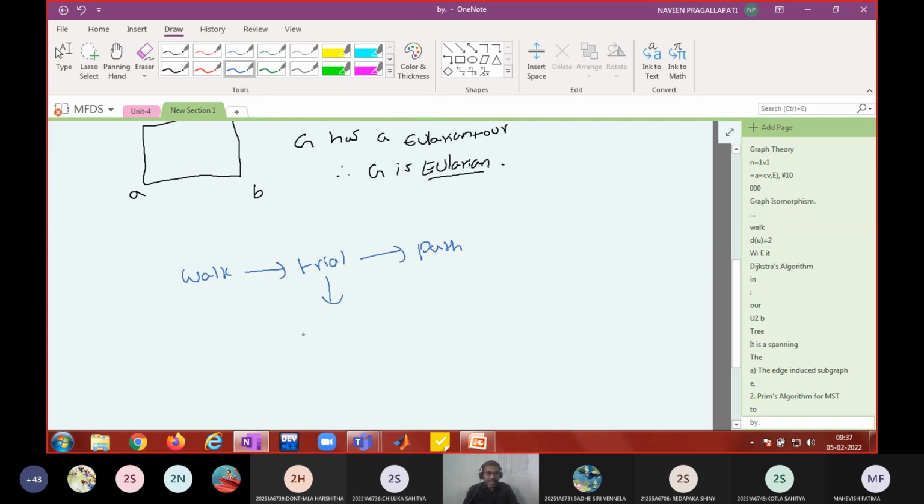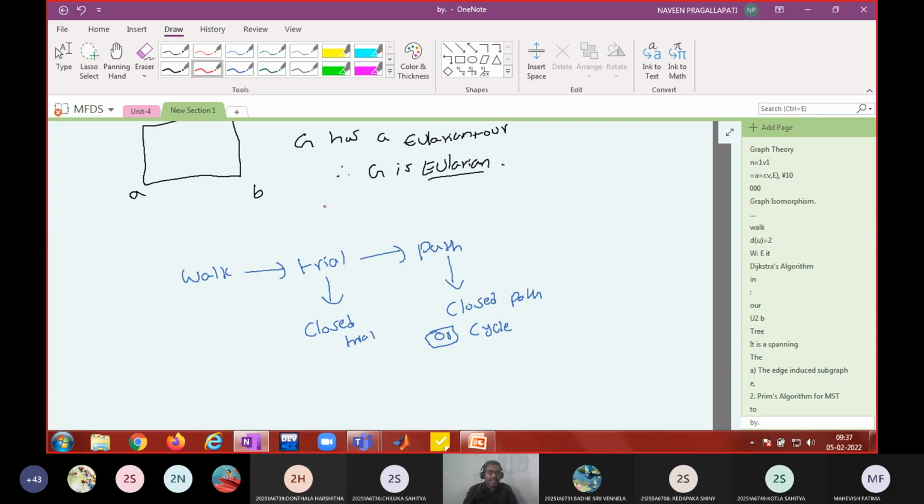A special case of a trail is a closed trail. An extension to a path is a closed path, and that closed path we call a cycle.